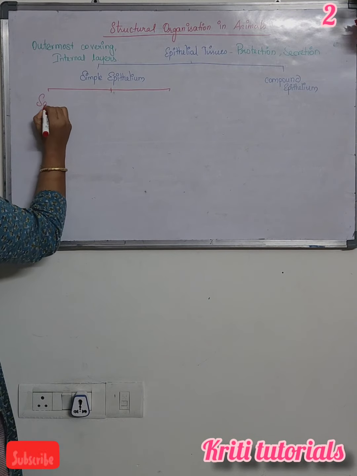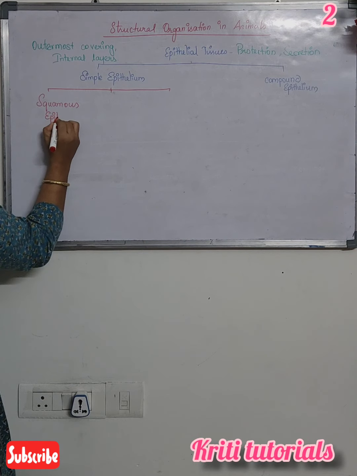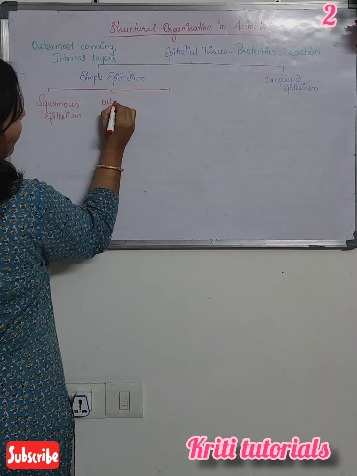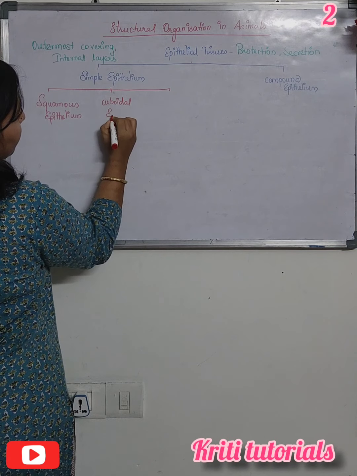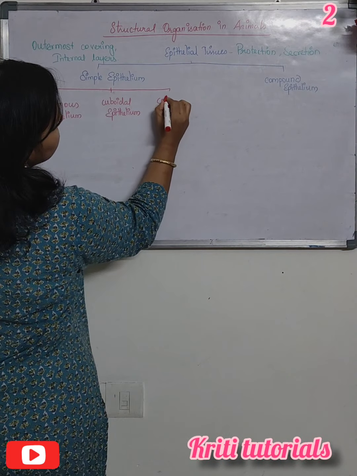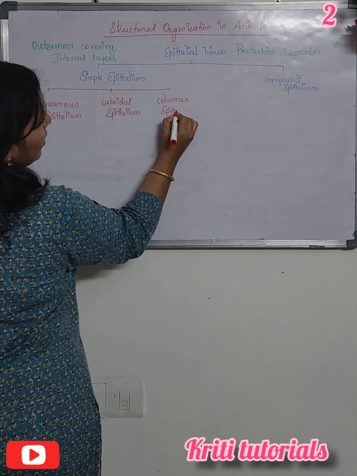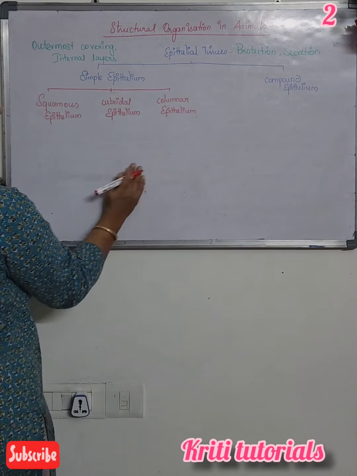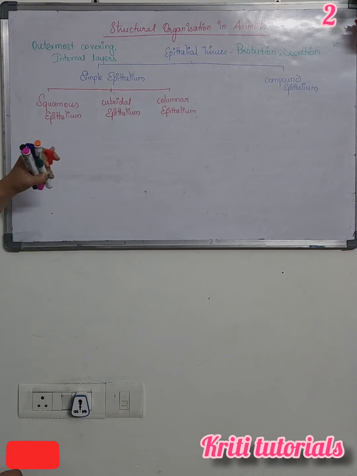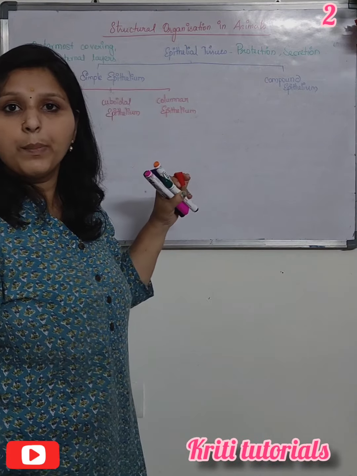The first is squamous epithelium, the second is cuboidal epithelium, and the third is columnar epithelial tissue.